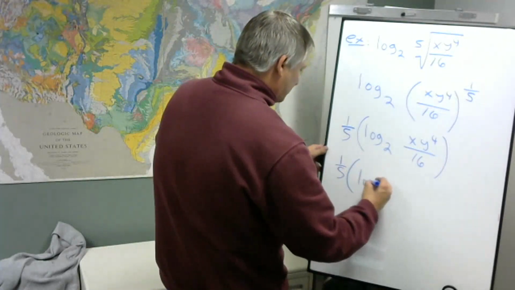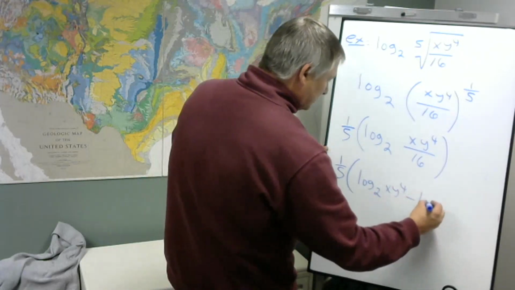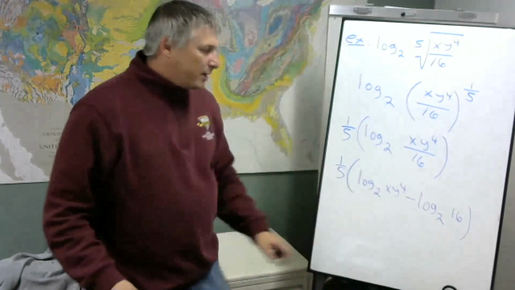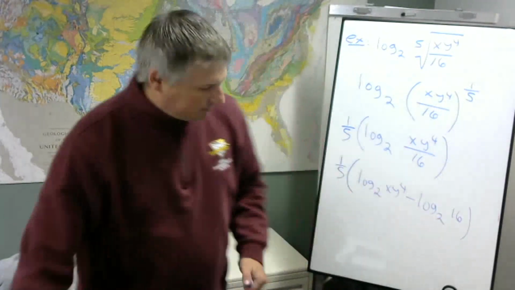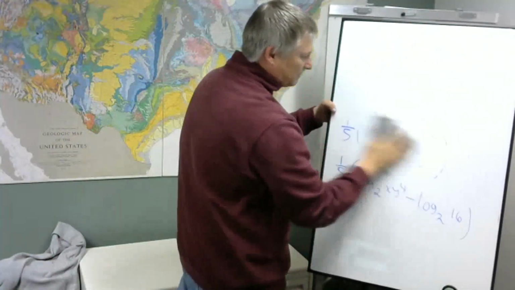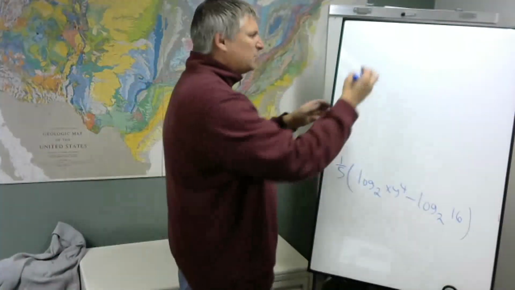So this will be log base 2 of xy to the 4th minus log base 2 of 16. And we could try to figure out what this is. Let's see if it comes out to some kind of rational number, some fraction or whole number. So let's go with natural log.